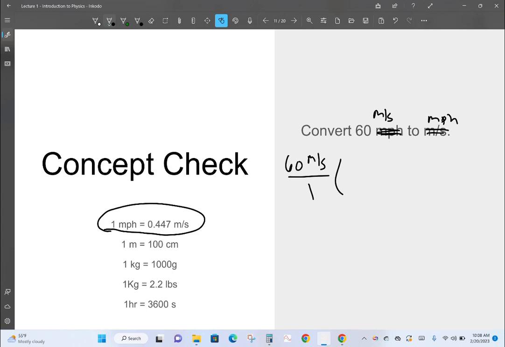This time we're going to put meters per second on the bottom to cancel out what's up top. So we'll put 0.447 on the bottom to 1 mile per hour. Now we're going to divide 60 by 0.447, and we get 134 miles per hour.